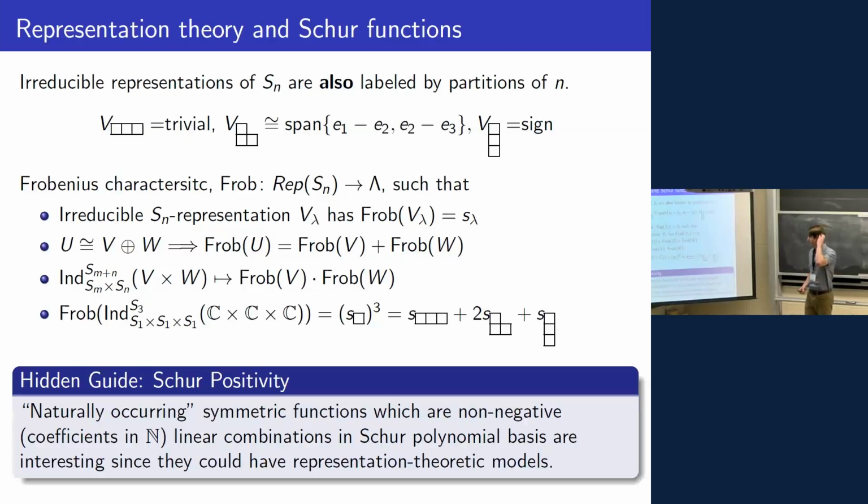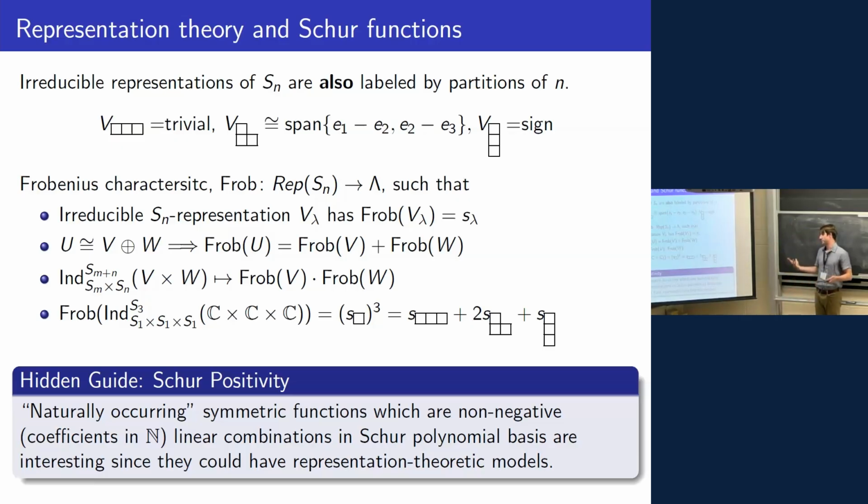And it underlies a hidden guide that I think a lot of people who work in my area of symmetric function theory use but don't always say, and the reason I don't say this is it's a little imprecise, but I'm cluing you in anyway. If you come across a naturally occurring symmetric function, and you expand it into the Schur basis, and all of the coefficients are non-negative, then this means there's probably some sort of representation theoretic thing going on behind the scenes.